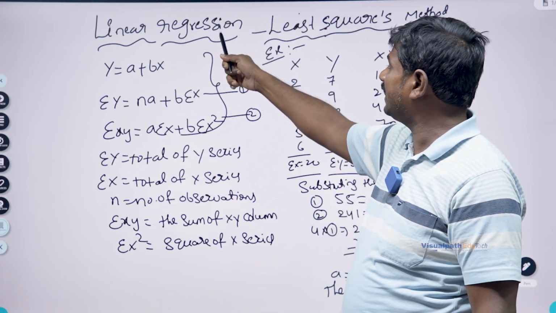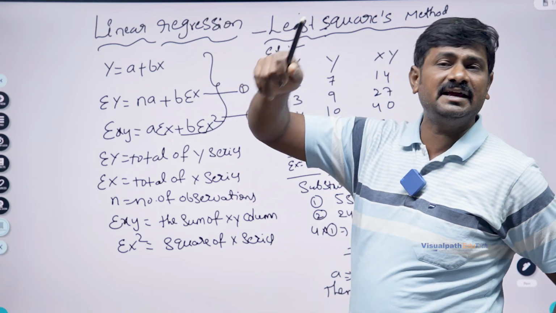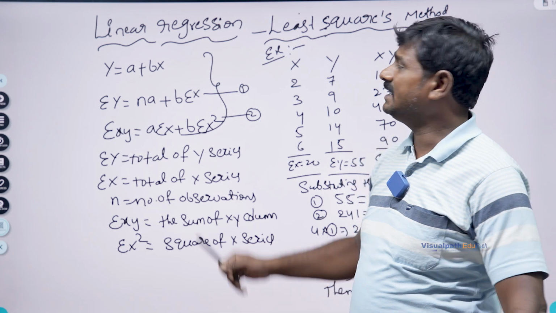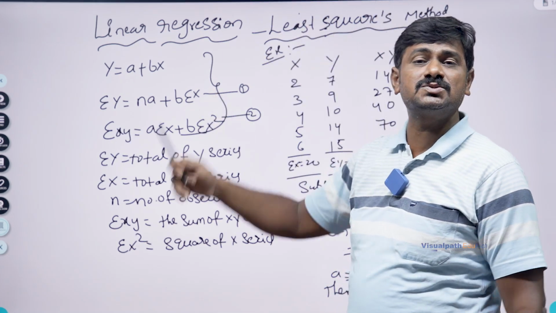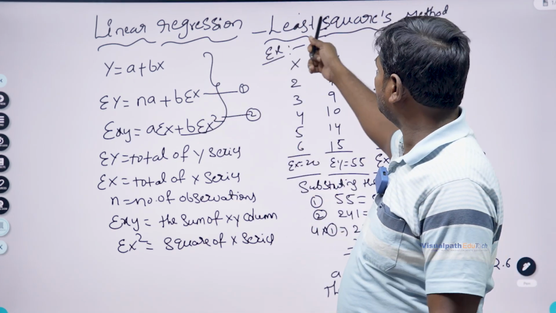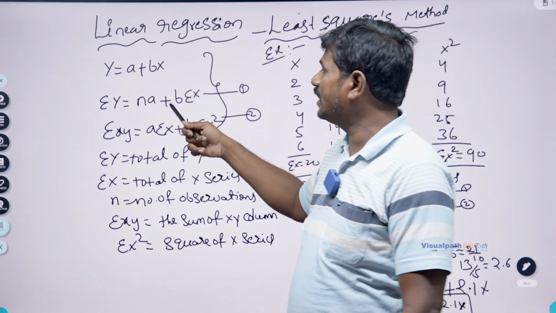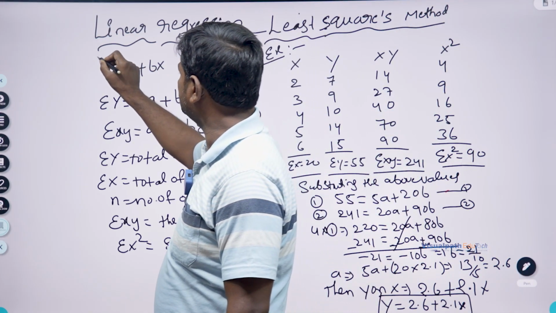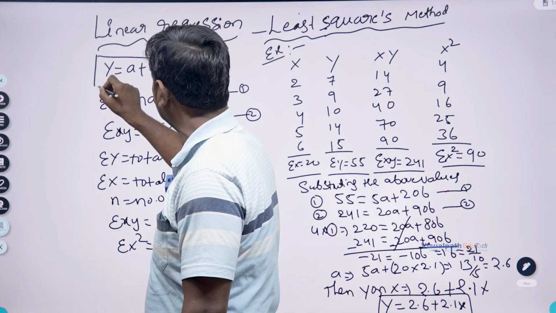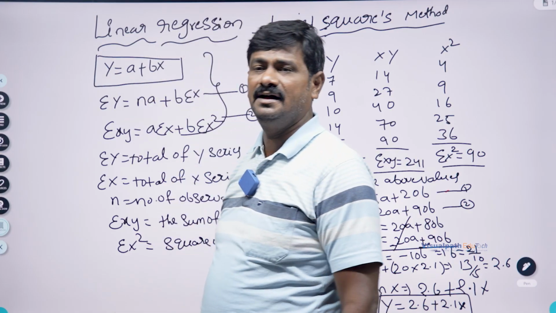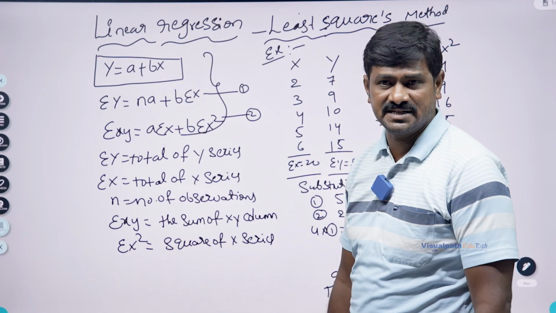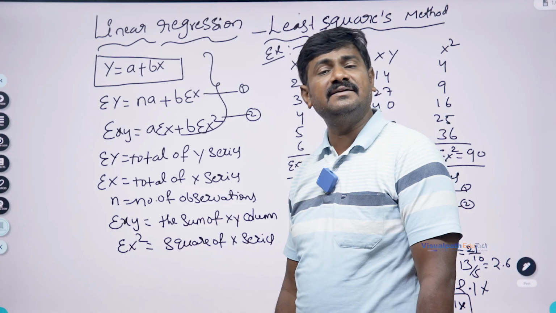To identify the linear regression, to frame those equations with the help of linear regression, we have the least squares method. To calculate this least squares method, the main equation is y equals a plus bx. That is the line equation that represents the linear relationship between the variables.